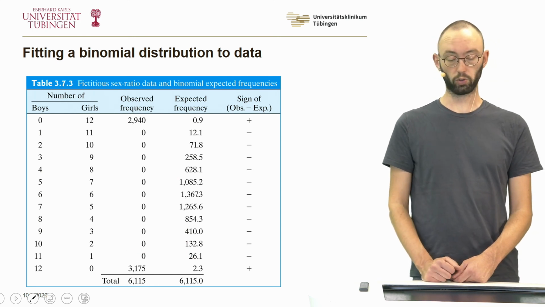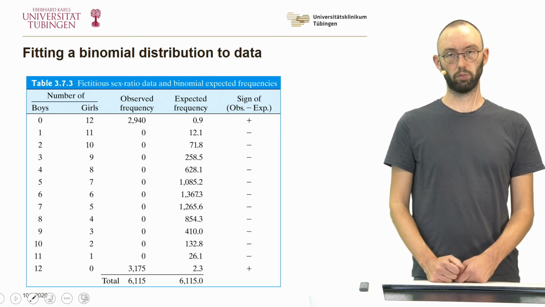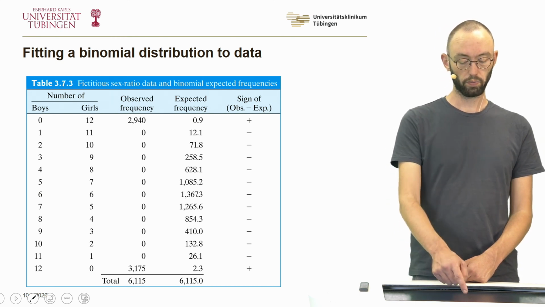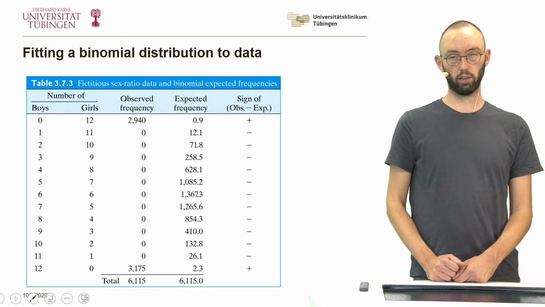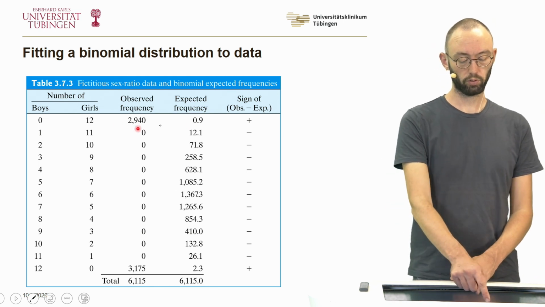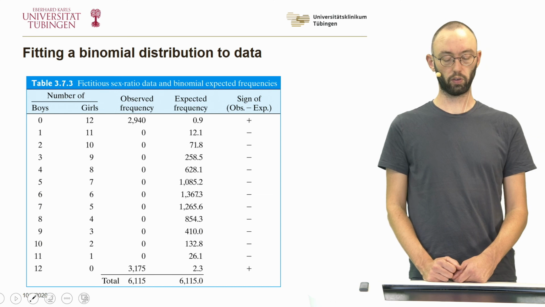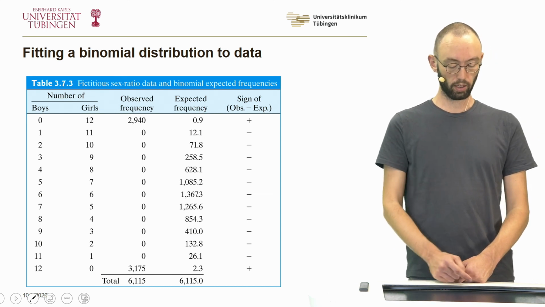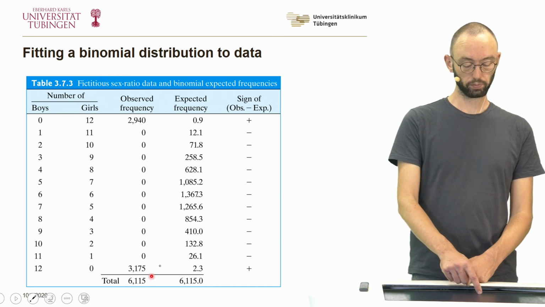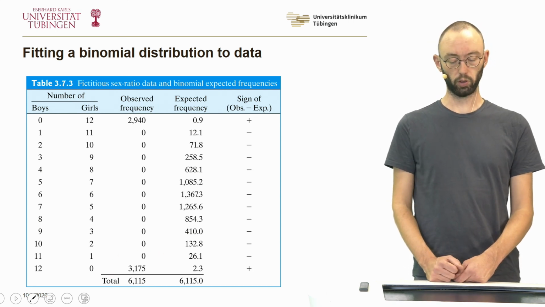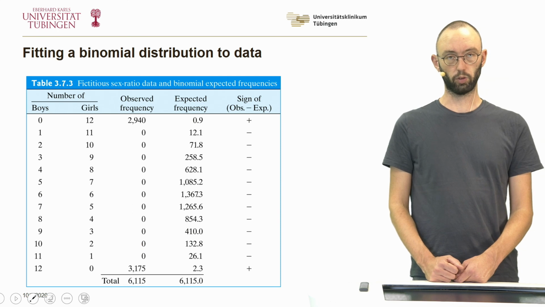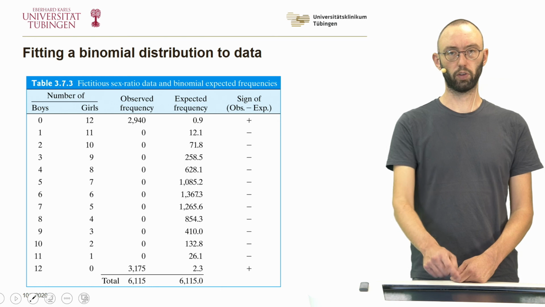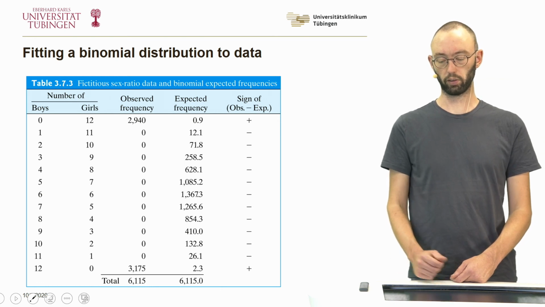The ratio of boys to girls is what determines our parameter p for the binomial distribution. In this case, there would be many more observed families with 12 girls and 0 boys than we would expect from a binomial distribution, and many more observed families with 12 boys than expected from a binomial distribution. And we could clearly see that in this pattern of signs and how they differ from what is expected.